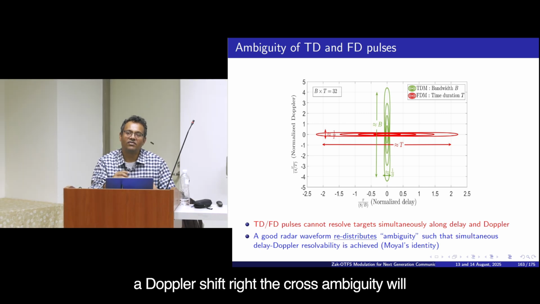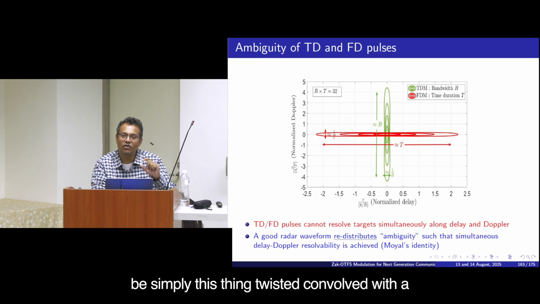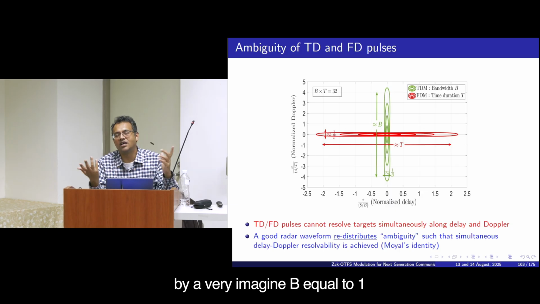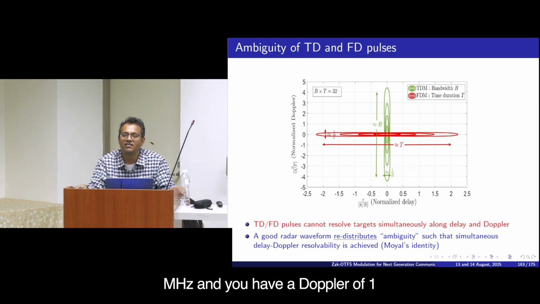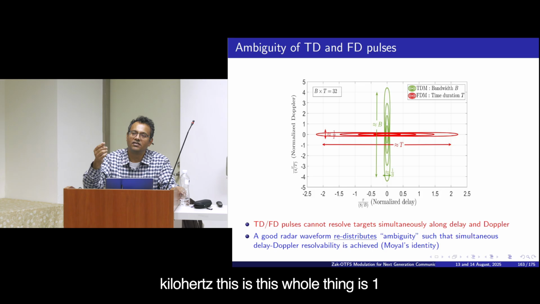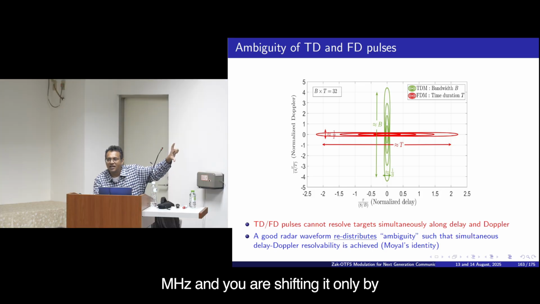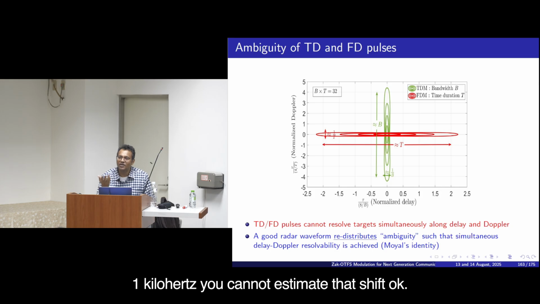So, if you have a Doppler shift, the cross ambiguity will be simply this thing twisted convolved with the Doppler shift, it will just shift it upwards by a very small amount. Imagine B equal to 1 megahertz and you have a Doppler of 1 kilohertz. This whole thing is 1 megahertz and you are shifting it only by 1 kilohertz, you can't estimate that shift, okay.